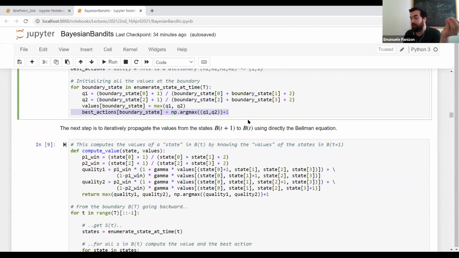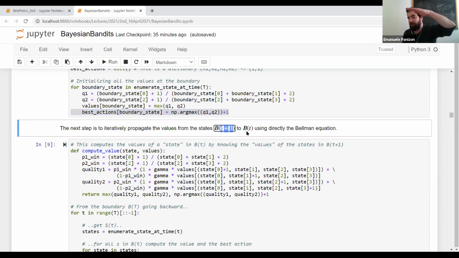Now it's not an optimal value, but it's an approximate optimal value. But we don't care. So the next step is to iteratively propagate the values from this fake optimal value at the boundary towards all the states with capital T minus 1, and then again.